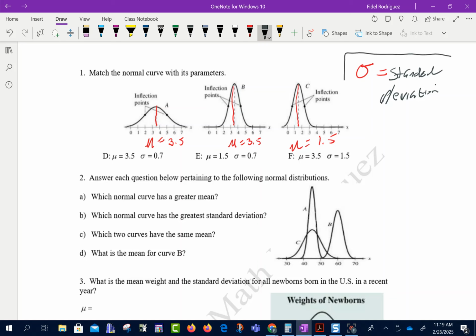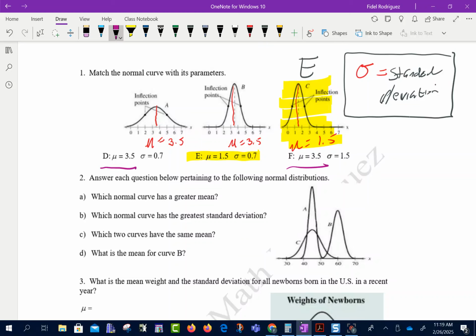So the bigger this number, the wider my graph. Okay. So y'all, I'm going to try to do this as simply as possible. If we looked at the graph of C, this is the one that had an average of 1.5. Look, y'all, E is one that has an average of 1.5. So I know this has to be E. So that means, my friends, that D and F are going to have to get matched with A and B.